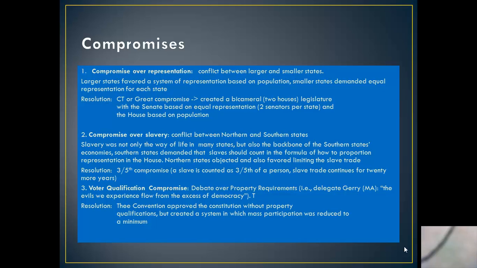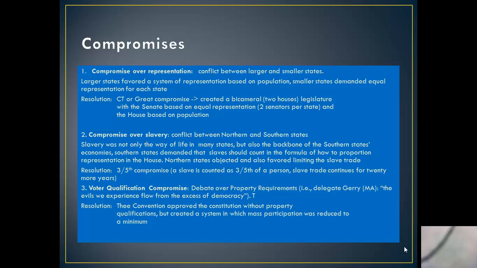Southern states demanded that slaves should be counted in this formula of determining a state's representation in the House. So the more slaves, the more representatives. Northern states objected and also favored limiting the slave trade.